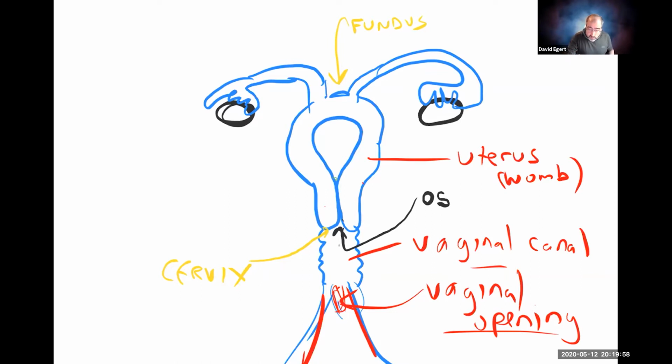So the ovary is here, it ovulated. You hope that the egg gets swept up into these, they can call them fallopian tubes, or ovarian tubes or oviducts. They've got different names.